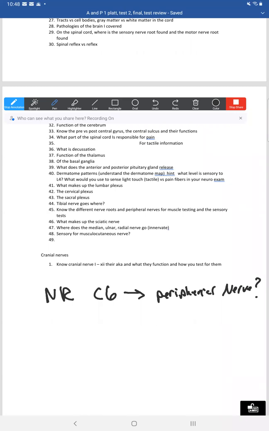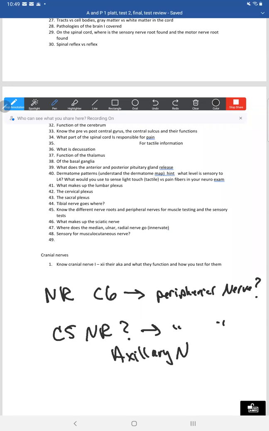Part of that would be the musculocutaneous nerve, as an example. Okay, how about the C5 nerve root? And what is its peripheral nerve? That'd be the axillary nerve.